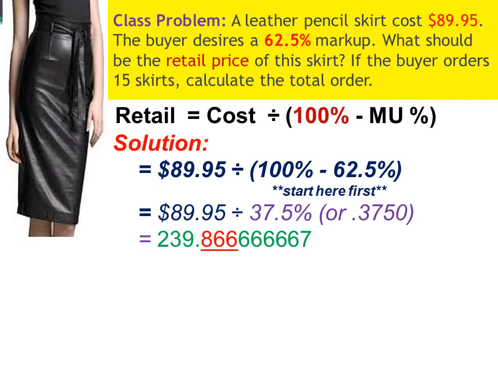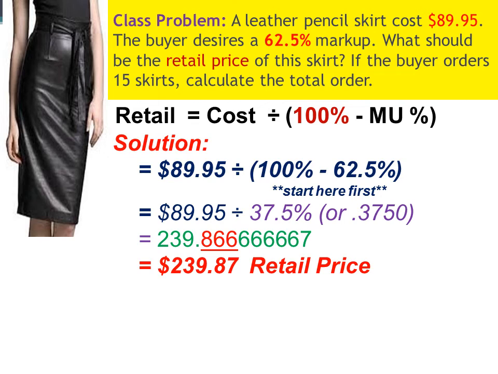If that number is below 5, then the final answer would be 86. Because this is a 6, remember, anything 5 and up, you're going to round to the next number. So your final retail price is going to be $239.87. The 86 is going to round to a 87 because the third number, a 6, is more than 5.